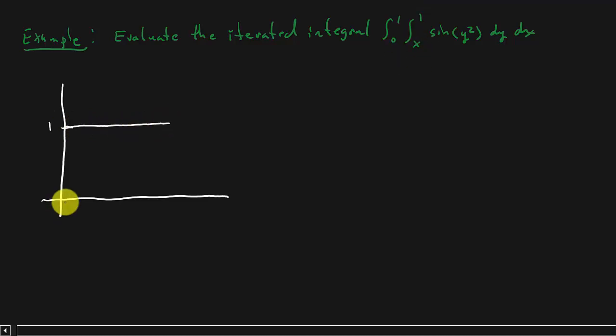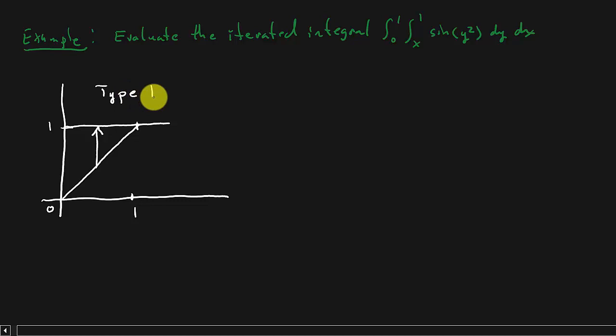This is y equals x, just a straight line there. And the x values are going from 0 to 1. That's our type 1 region.